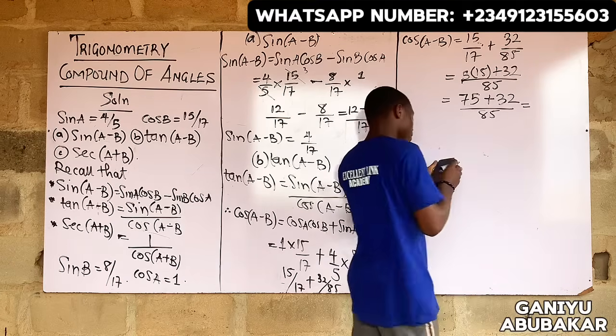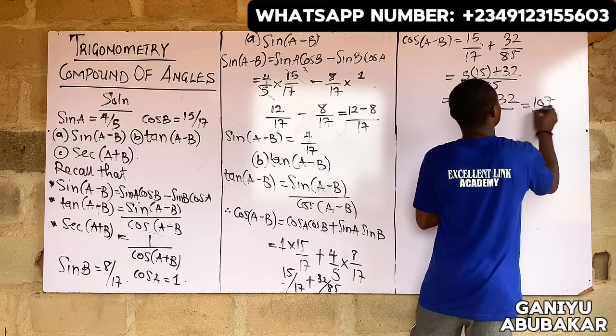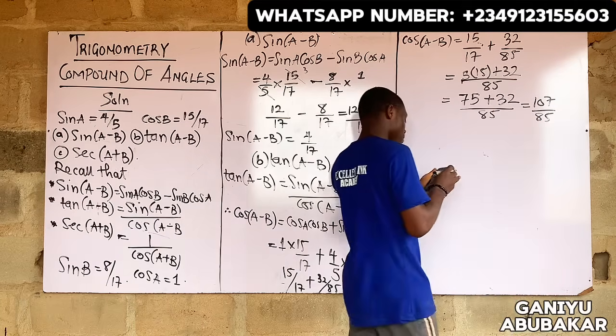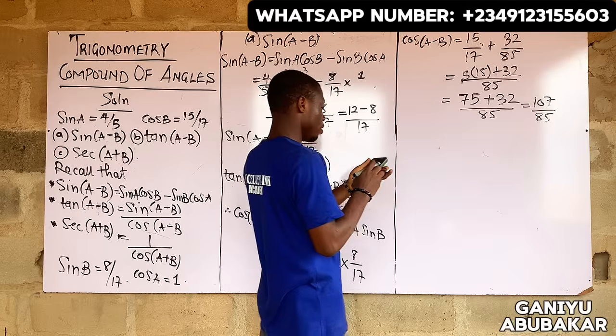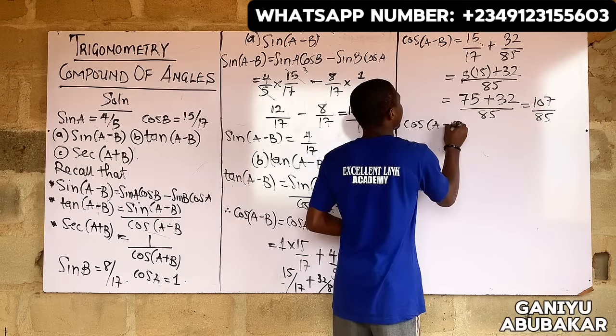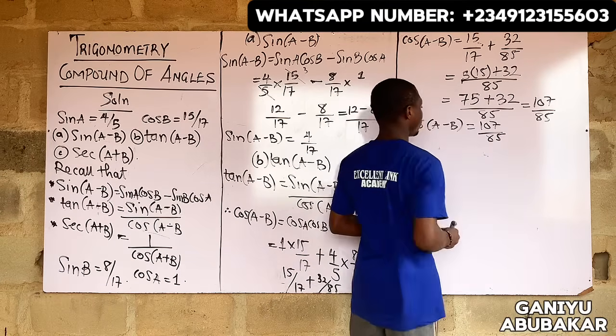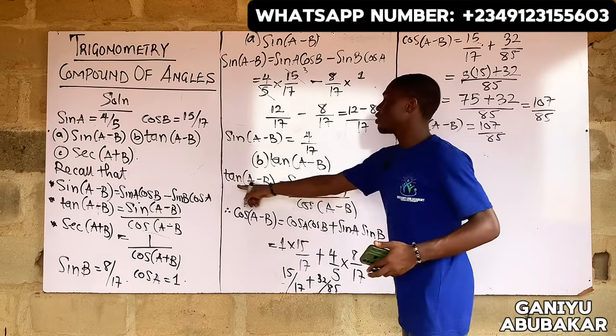From here, 75 plus 32 is 107 over 85. So cos A minus B is equal to 107 over 85.